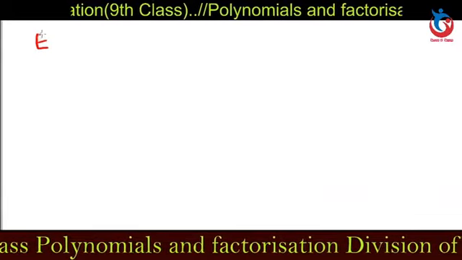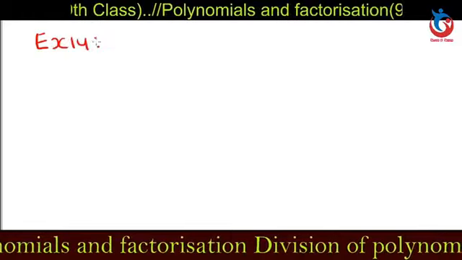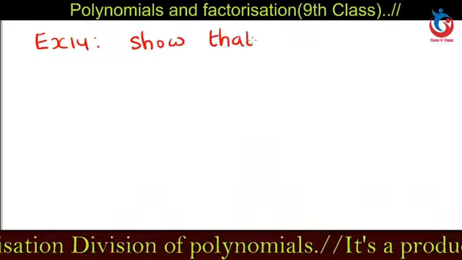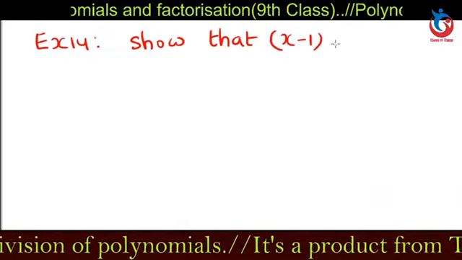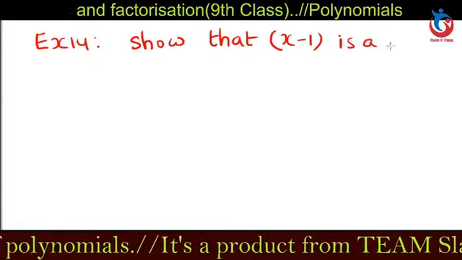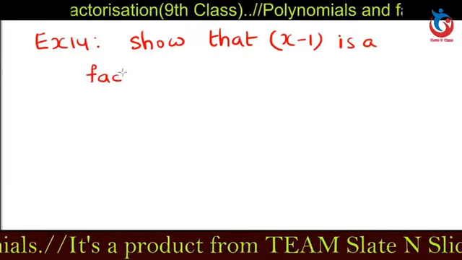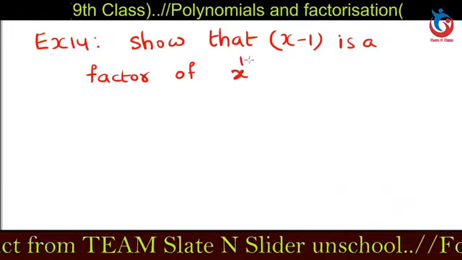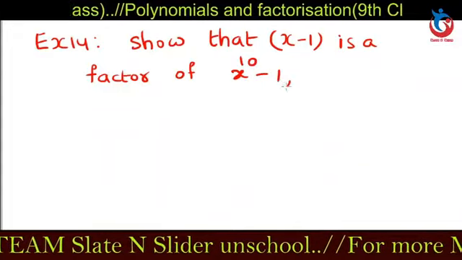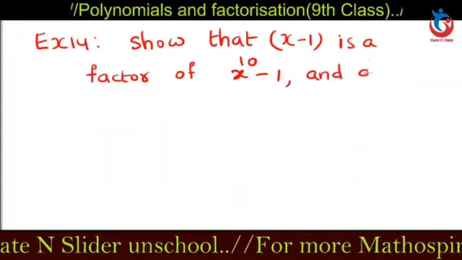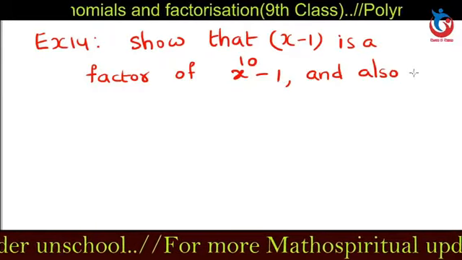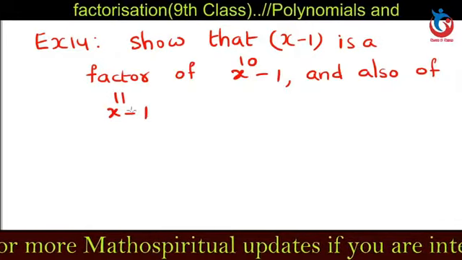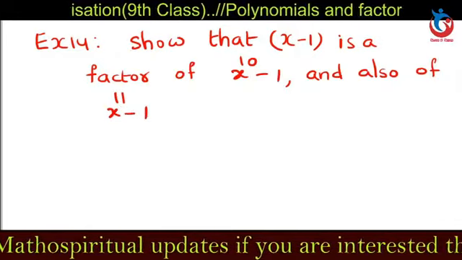Example 14 is: show that x minus 1 is a factor of x power 10 minus 1 and also of x power 11 minus 1. So we do the same for this also.